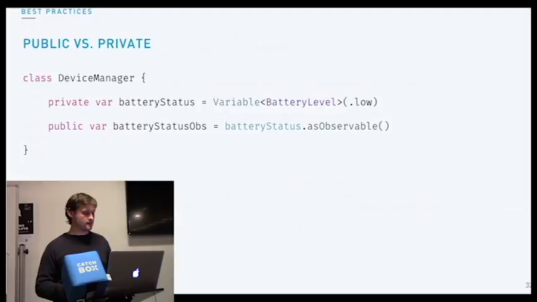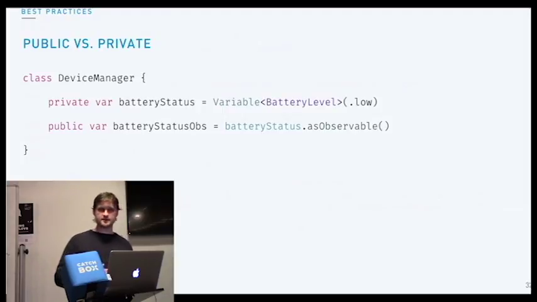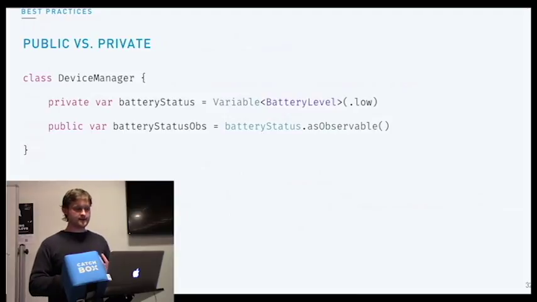So they just had a private variable, meaning you can subscribe to or set that internally, but you can't do anything externally. And then the public API is just that variable as observable. That's a pretty standard approach to handling public versus private observables.